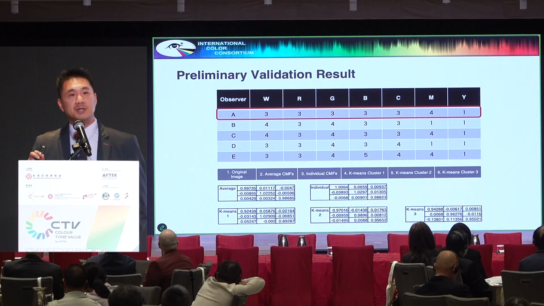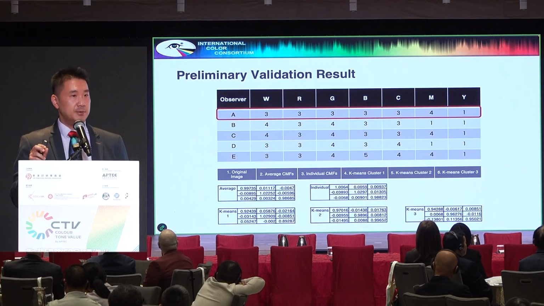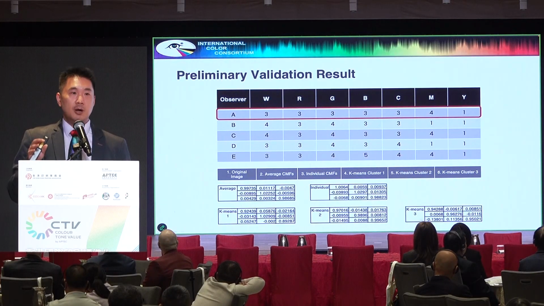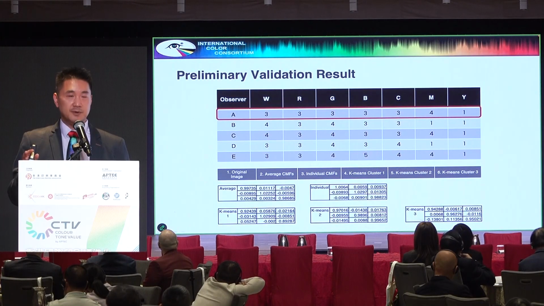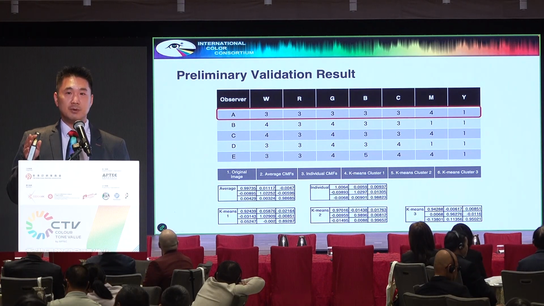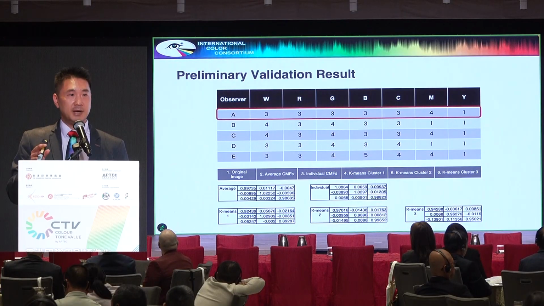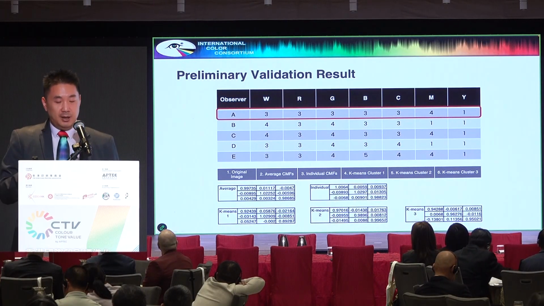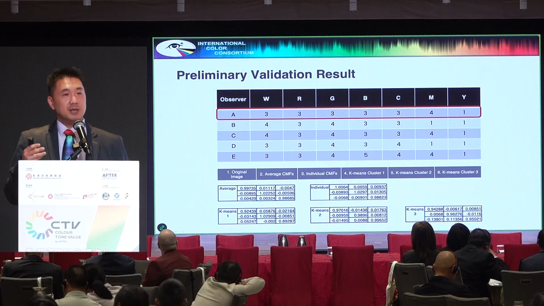Another interesting observation from this table is for the yellow. Most of the observers, or say all of the observers in this case, chose the original color matching function. This is quite different from what we expected, so it is quite interesting to find. I think this is an encouraging result.